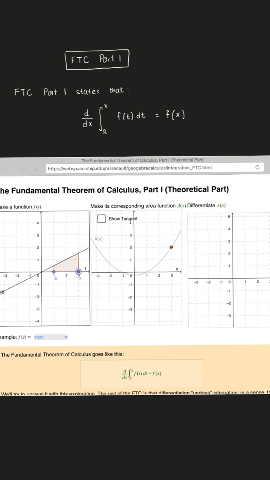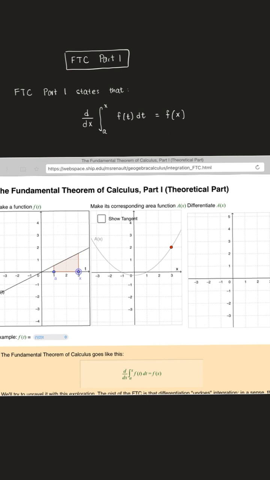Now on the third graph, we're going to differentiate. Recall what the fundamental theorem says. If we take the derivative of this accumulation function, the function in the middle graph, then we should get the original function whose accumulation we're finding. So we should expect to get back the original function, the leftmost graph, that line.